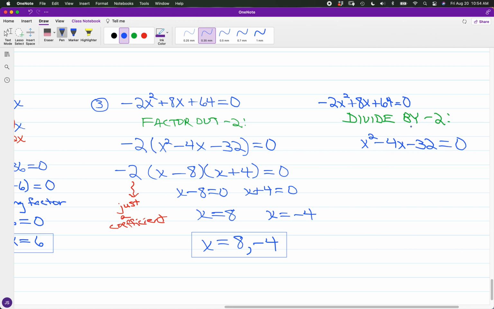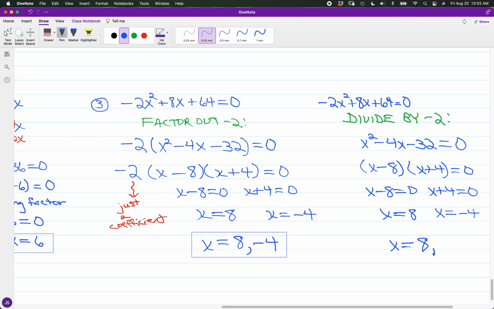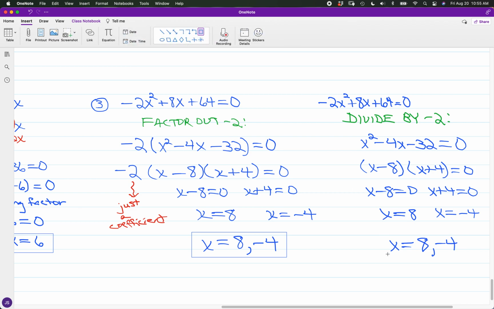There's no x factor we're dividing by, and the follow through is going to be history repeating itself. So again you have x equal to 8, as well as negative 4. So you'll have somewhat different approaches, but both of them are correct, and the results are also correct.